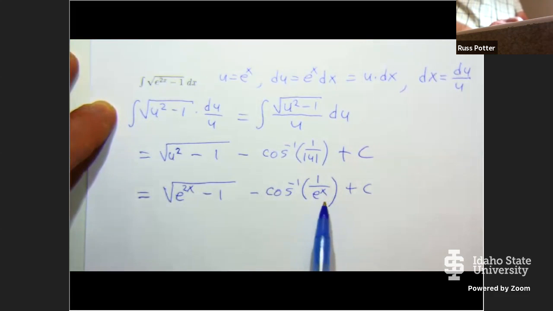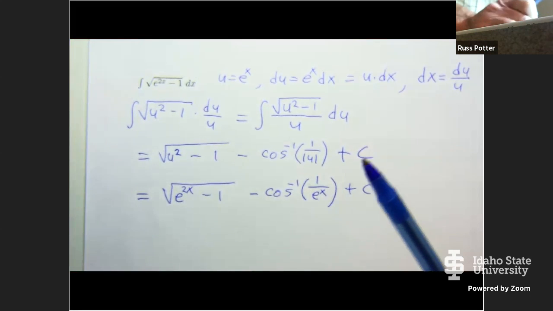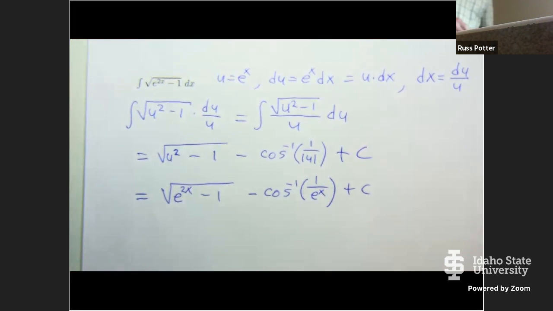I'm not bothering to put absolute values around e to the x because e to the x is never negative. E to the x is, in fact, never 0. E to the x is always positive.